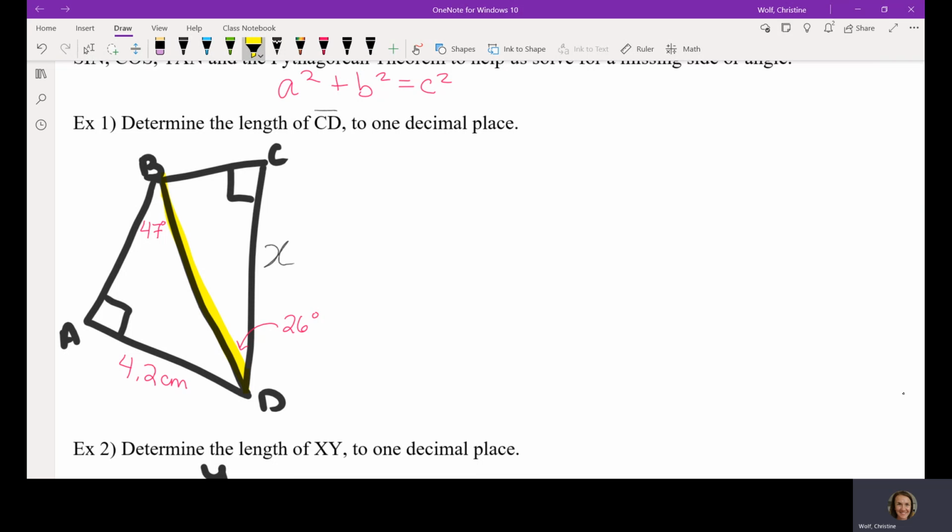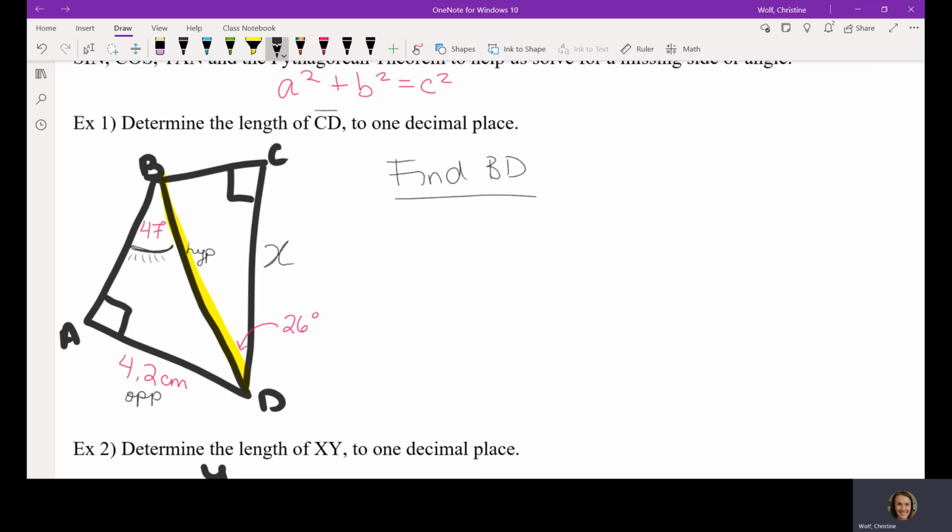Okay, so I'm going to find the length of BD right now, the hypotenuse in the middle there, that yellow line. So I'm going to use the 47 as my eyeball. Now, I'm looking for the hypotenuse, and I'm given the opposite side. That 4.2 is opposite of 47.